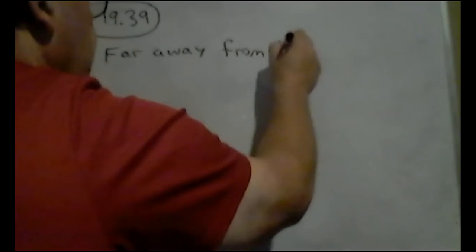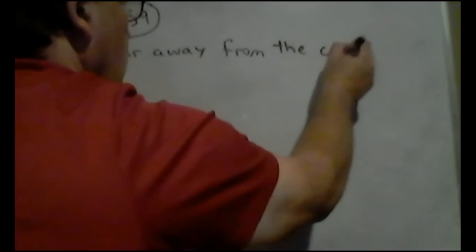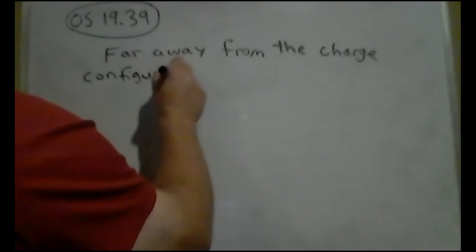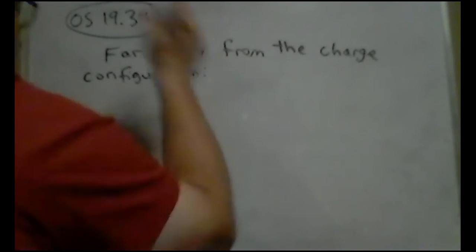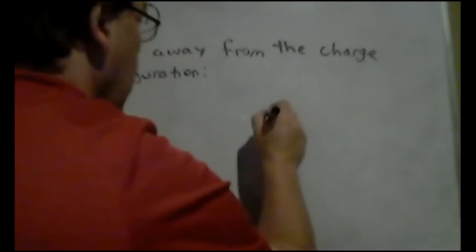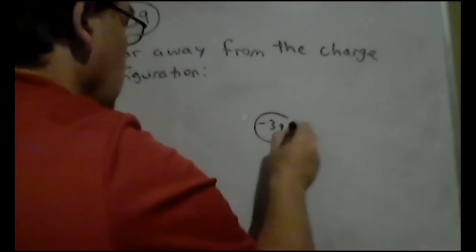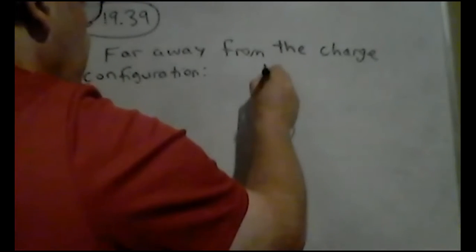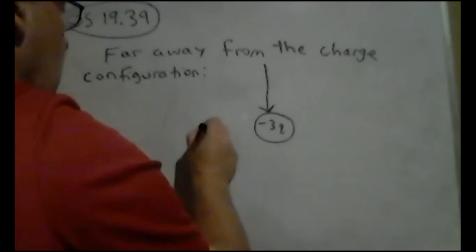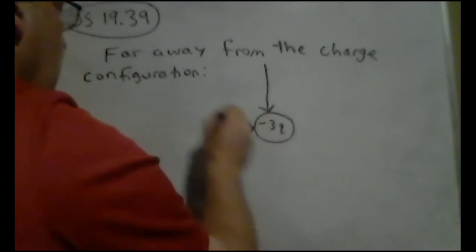Far away from the charge configuration, what we see is a negative 3q charge. Electric field lines are radially inward.